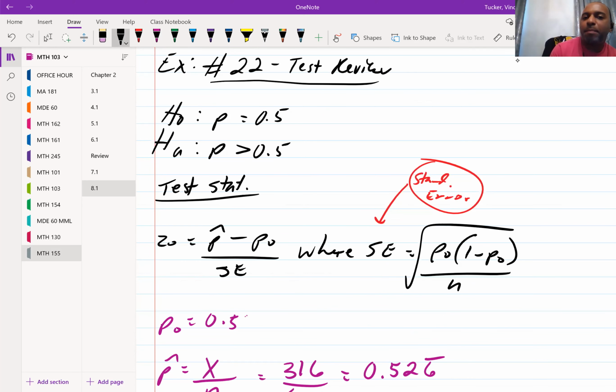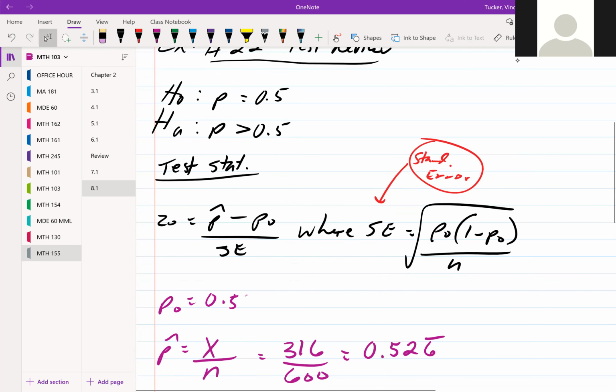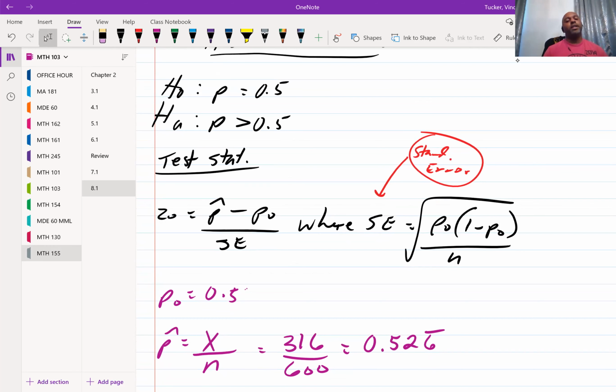Oh, hypothesis testing. We're doing hypothesis testing number 22 in the test review. Okay. Now, were you here last class? No. Oh, okay. So this is like just doing problems based on what we did last class. So we did hypothesis testing.